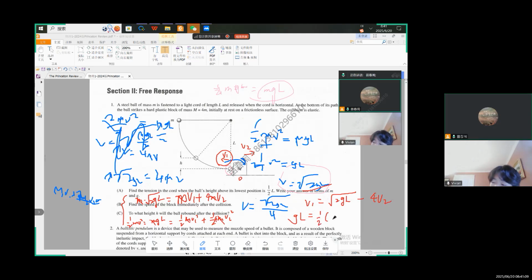Maybe there's a better method. Square root 2gl minus 4v2, squared, plus 4 times 1/2 v2 squared. Let's not make a mistake here.